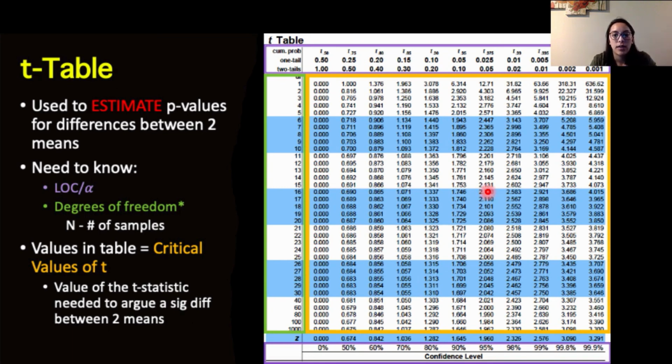Let's say, though, that we used our raw data and calculated a t of 2.5. That's greater than our critical value, meaning that our difference between our means was large enough to say that we have a significant difference. So in that case, if t is greater than our critical value, then p would be less than alpha, indicating we have a significant difference between our means.